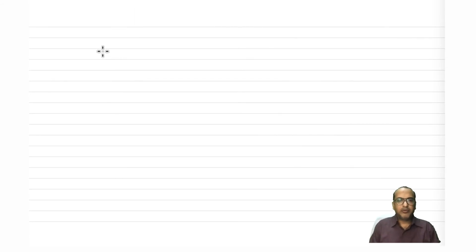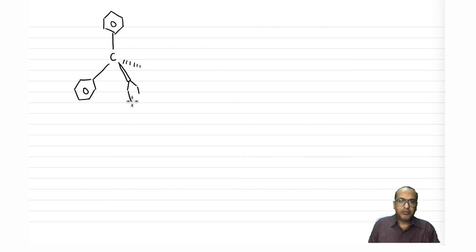I have one more example for the Sn point group, which is also a little difficult to draw. Let me see if I can draw it correctly. Now, there are four phenyl rings connected to it, but these are not exactly in plane. Half of the ring is coming out of the plane of the board and half of the ring is going back.